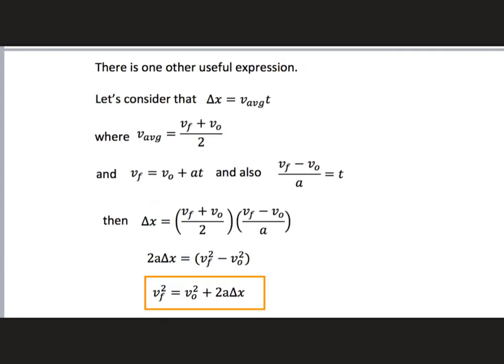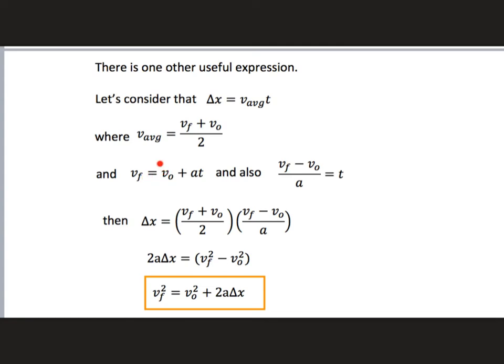Okay, so we've got a couple of very useful equations. There's one more that we want to develop, and it's going to prove to be very useful. Now, we have our relationship that delta x is equal to v average times the time, and we can plug in for v average. We know that v average is equal to v final plus v initial over 2. And to get t, we can solve our first kinematics equation for t.